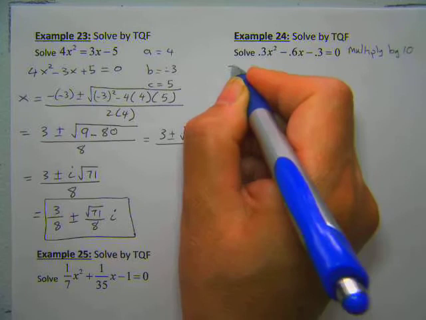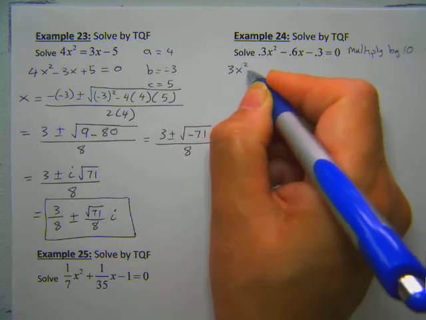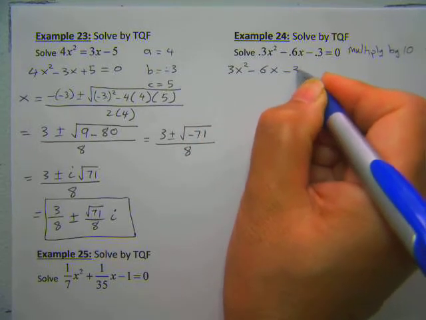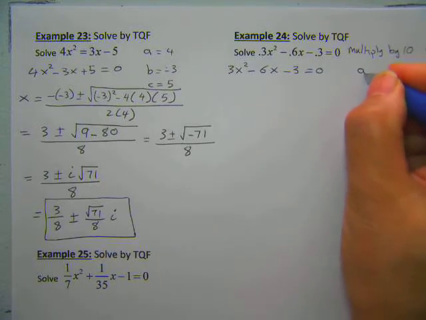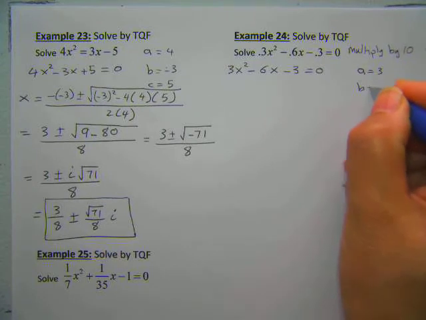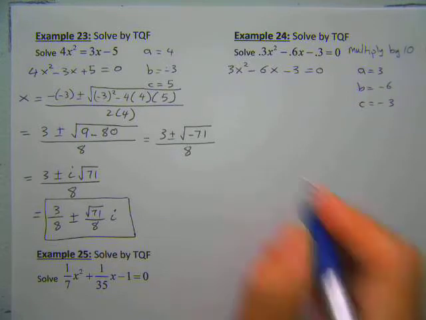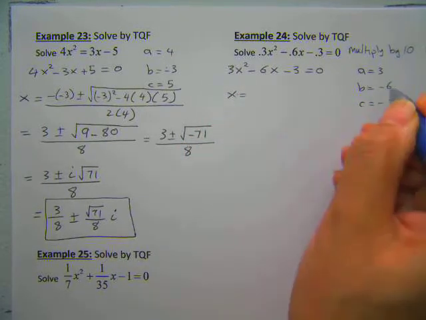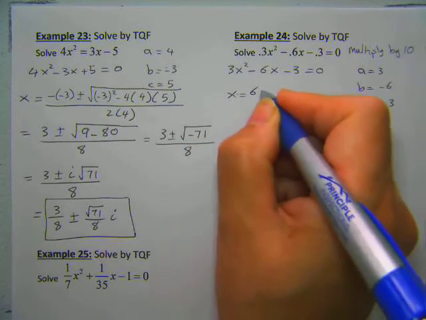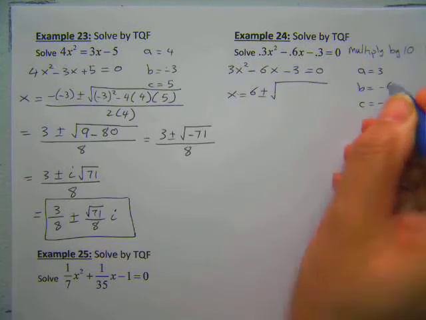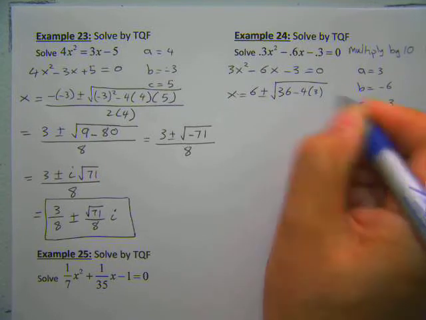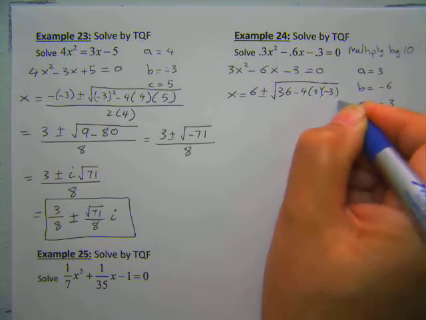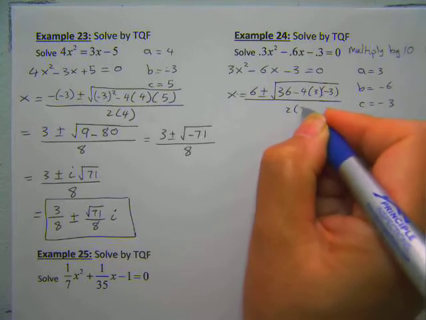And this way we get rid of the decimal. And now a is 3, b is negative 6, again c is negative 3, and now x is negative negative, positive 6 plus or minus the square root of negative 6 squared minus 4 times a times c all over 2a.